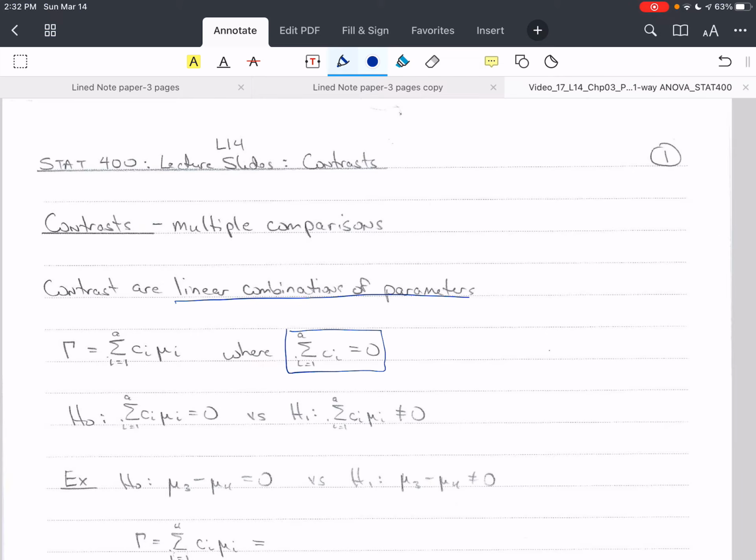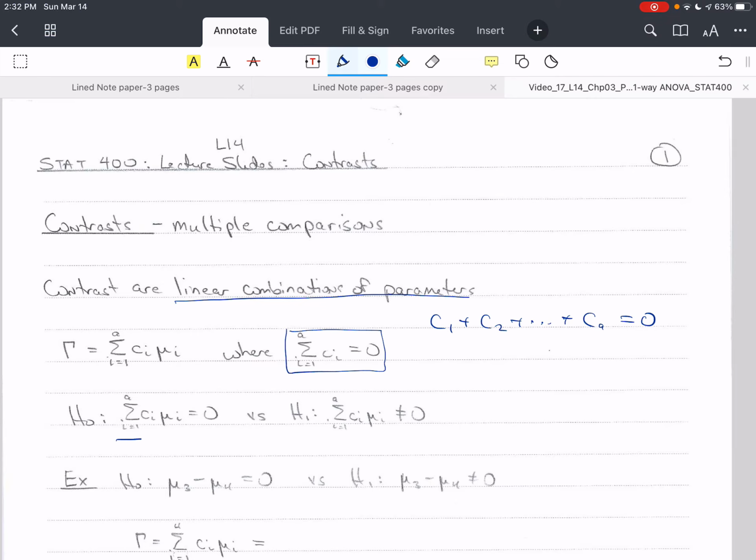So C1 plus C2 plus up to CA equals 0. That means some of these have to be negative and some have to be positive. That's why it's called a contrast: we add some means and subtract others, so we're seeing a difference between the two groupings of means, those that are positive and those that are negative.